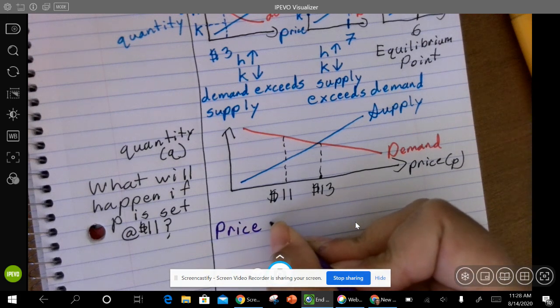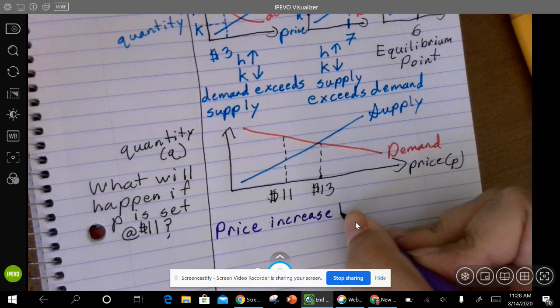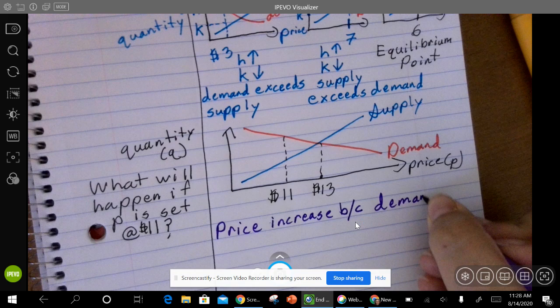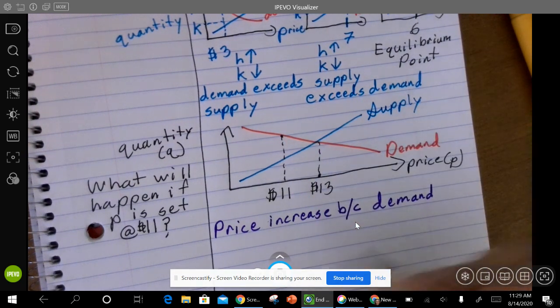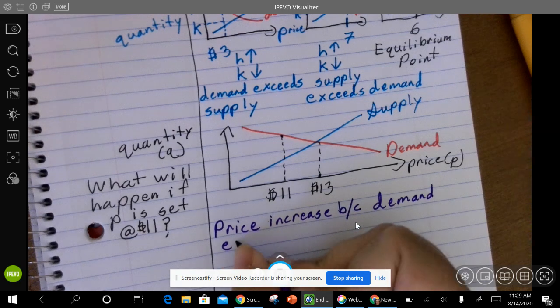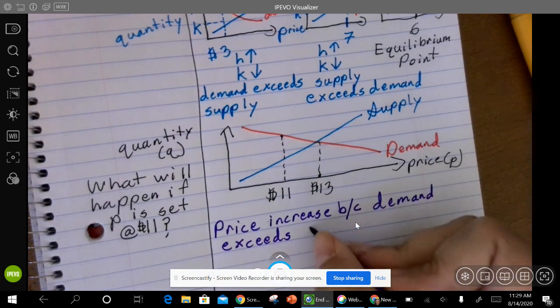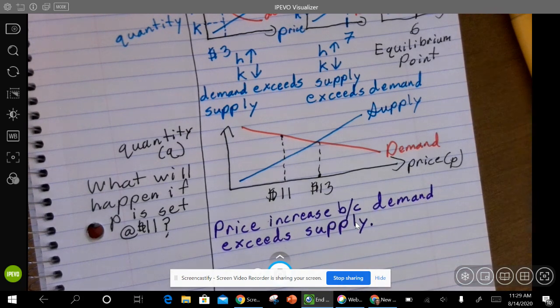Okay, so the price is going to increase because the demand, everybody knows the demand is up higher. Okay, the demand exceeds the supply, so it's more than. So again, the item is flying off the shelves like the toilet paper. Okay, so it's flying off the shelf.